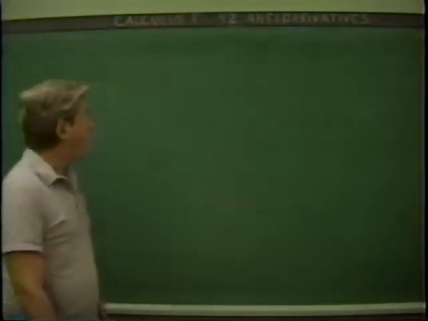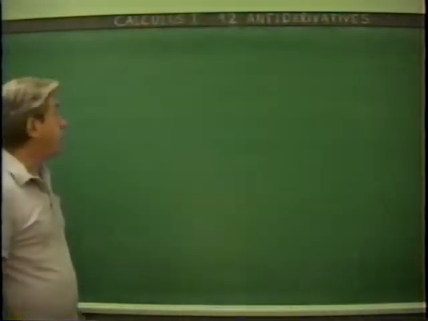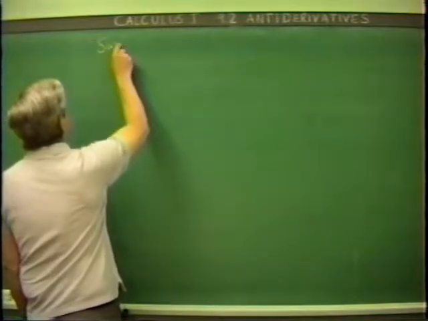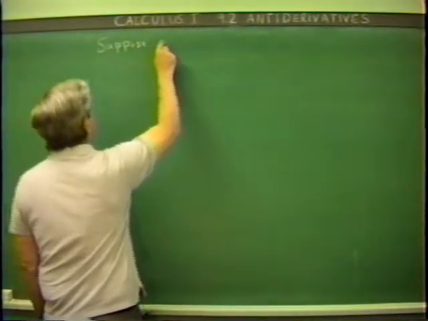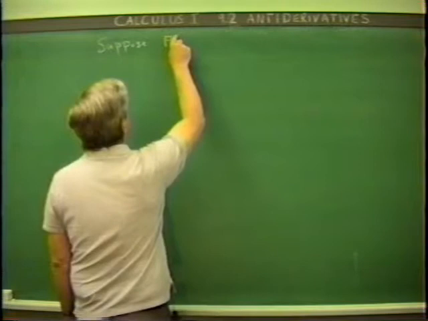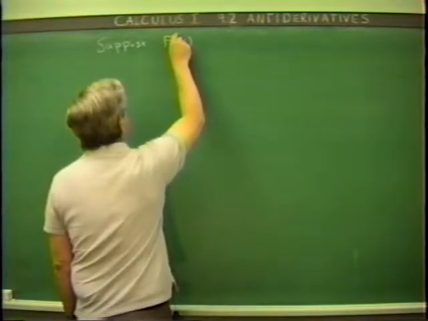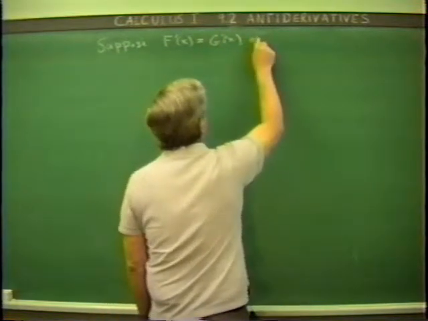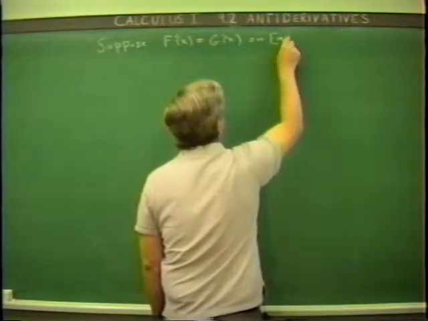Okay, we want now to see that if two functions have the same derivative, then they differ by a constant. So suppose f prime of x exists and it's equal to g prime of x on an interval AB.